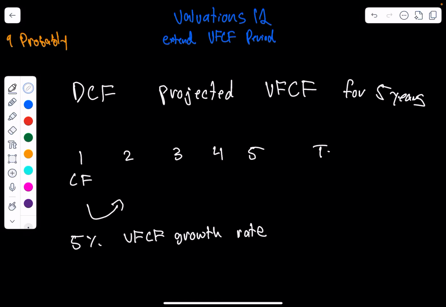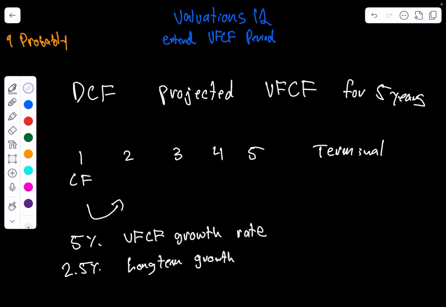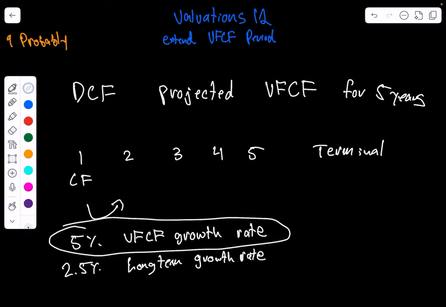And then we calculate out a terminal value at the end, right? And for the terminal value, we use typically like a 2.5% as a long-term growth rate.